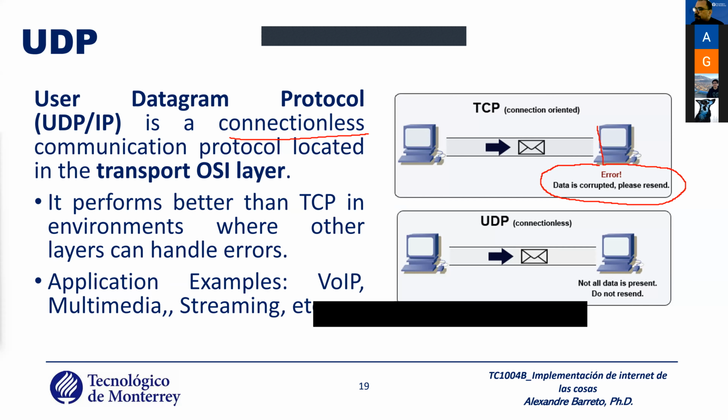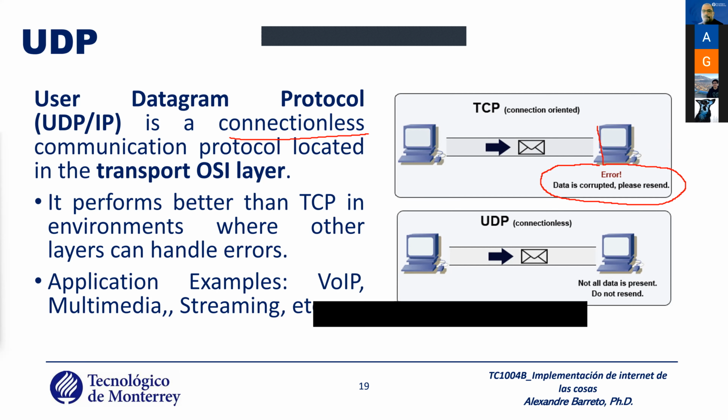UDP is very good when you don't have a lot of capacity, because you don't need to receive the feedback, and it's very good in real-time applications. In real time, losing a packet is less important than delaying a lot because you need to receive feedback.